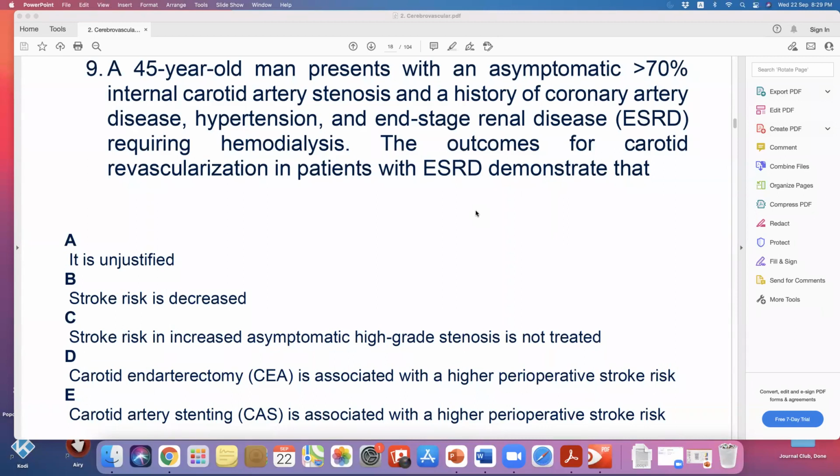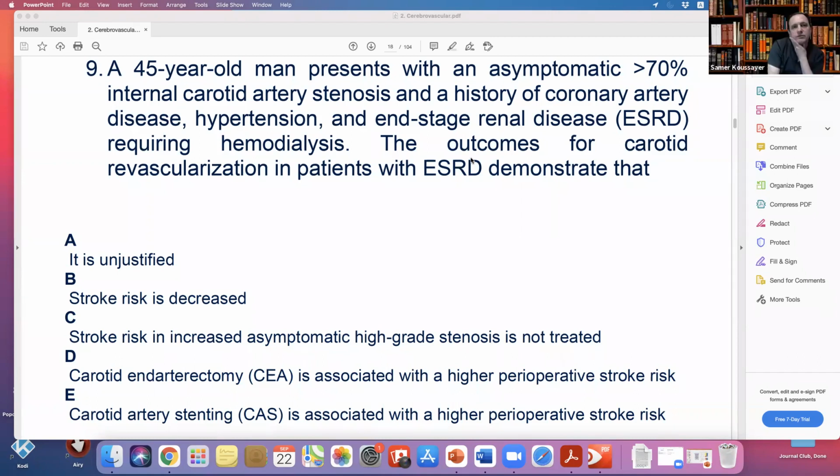The outcome for carotid revascularization in patients with end-stage renal disease demonstrates that... So, a 45-year-old male with asymptomatic more than 70% internal carotid artery stenosis with end-stage renal disease.